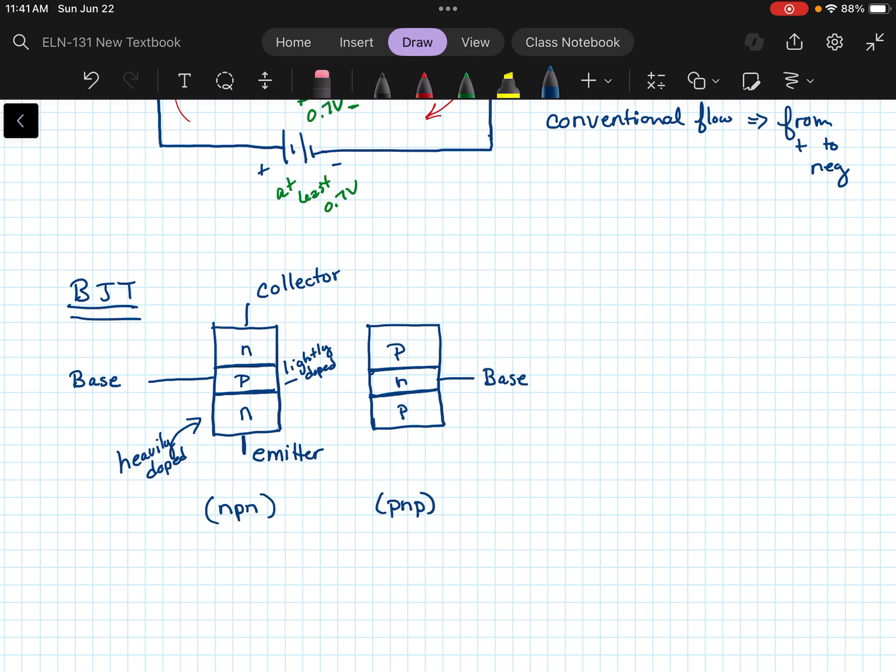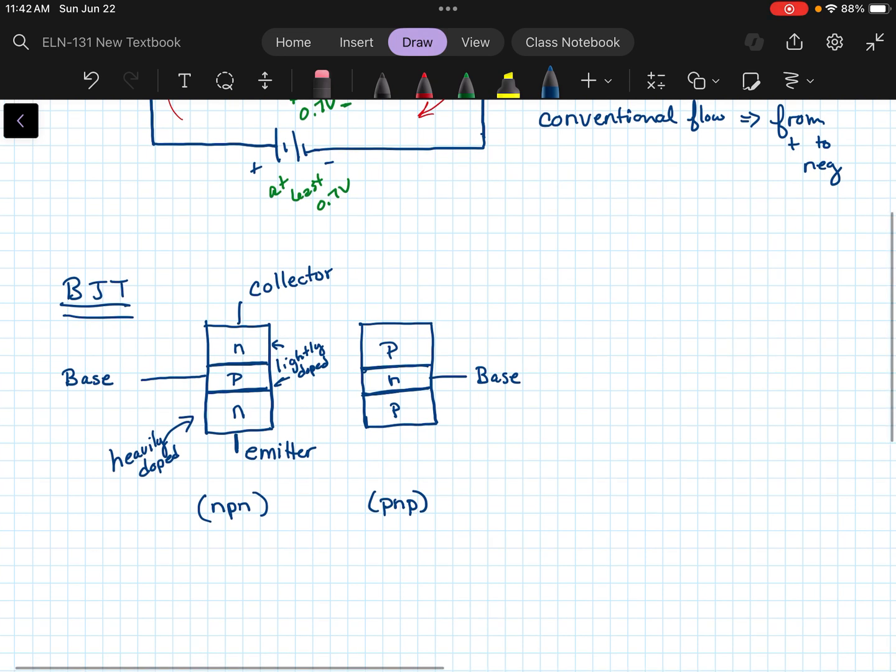Okay, so what that means is we do inject impurities into those materials, but not as much as the emitter. Okay, so the emitter is the heavily doped side, and same thing for the PNP, the emitter and the collector.